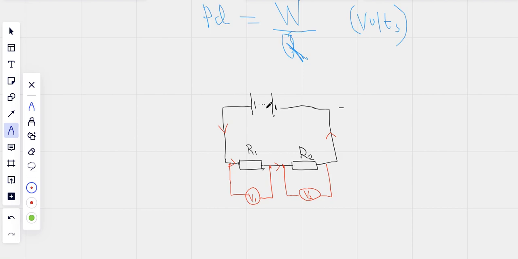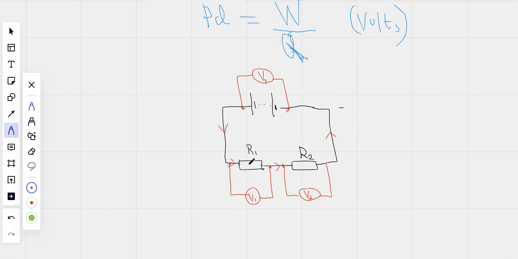If I want to measure the voltage of the battery, or what you call the EMF, the electromotive force, I will have to connect a voltmeter parallel to the battery, which is V total because it's the total voltage. Any time we want the voltage across the battery, we connect a voltmeter across the battery.